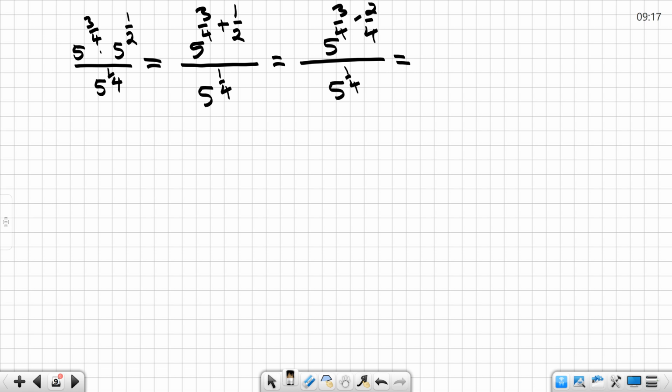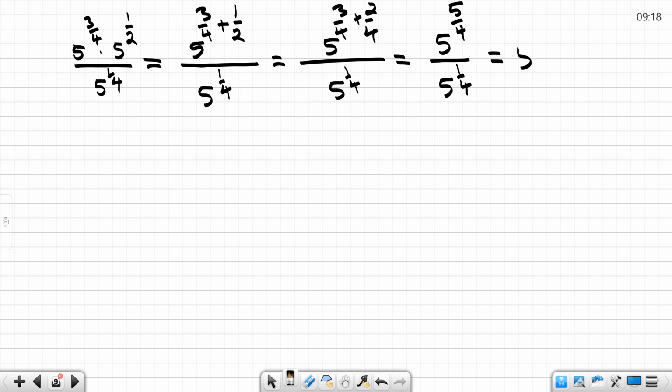And now 3/4 plus 2/4, well, that is going to be 5/4. So in short, 3/4 plus 1/2 is 5/4. This is supposed to be a 4.